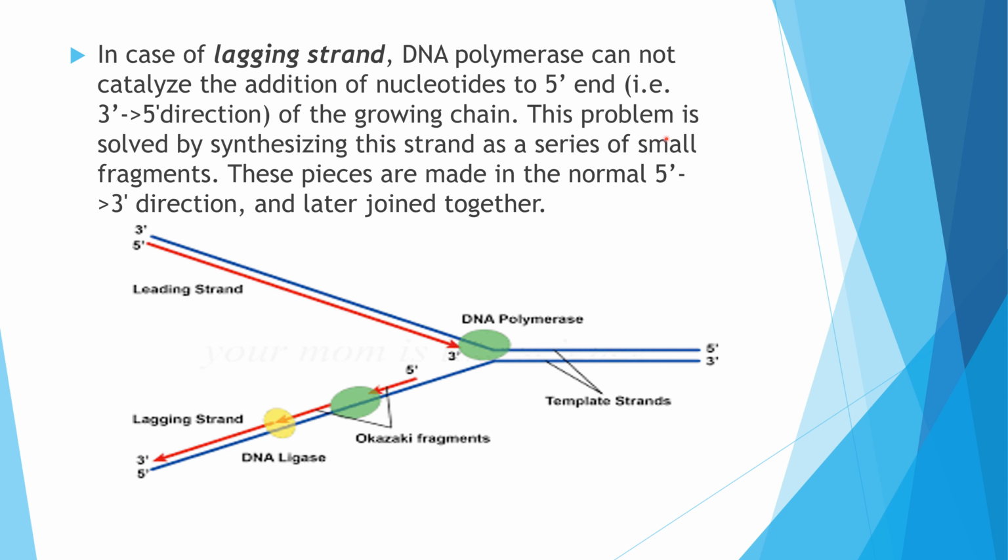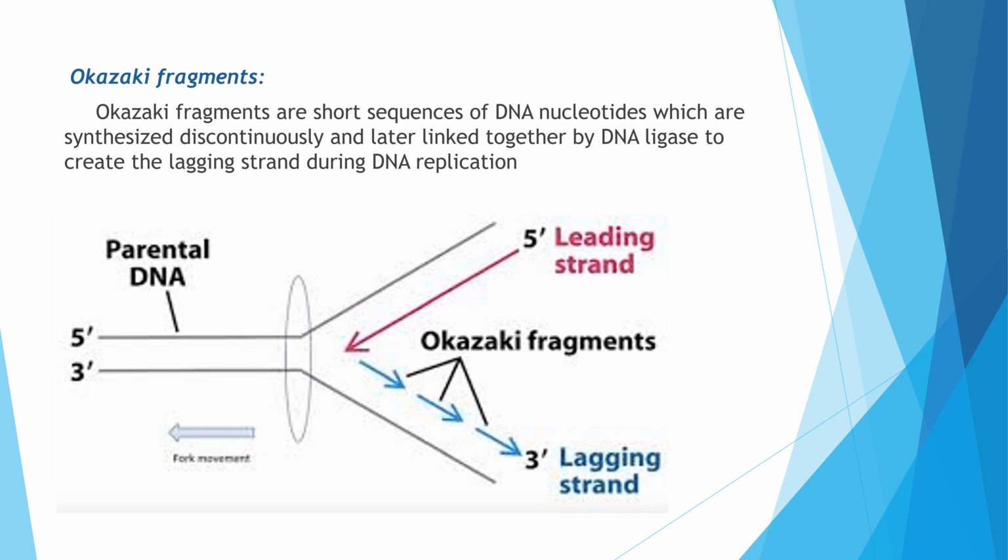This problem is solved by synthesis in short pieces. Okazaki fragments are short sequences of DNA nucleotides which are synthesized discontinuously and later linked together by DNA ligase to create the lagging strand during DNA replication.